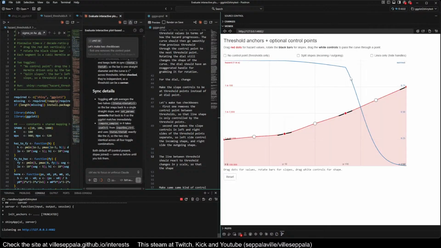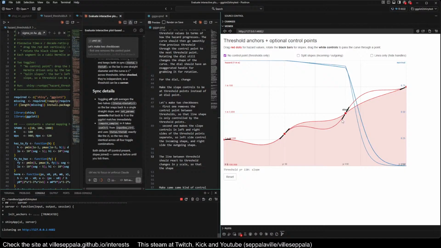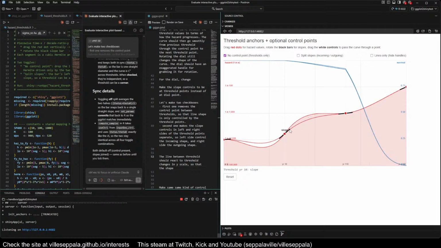Okay, let's remove this first, see how this works. Yeah, I can make this kind of shape here. Yeah, this could be enough.